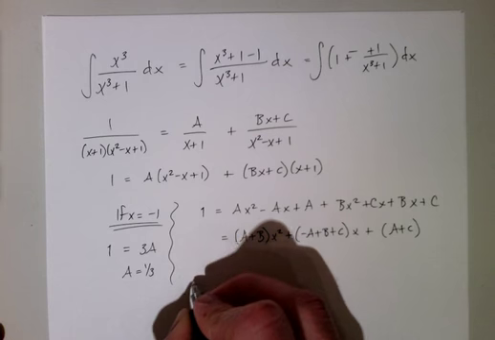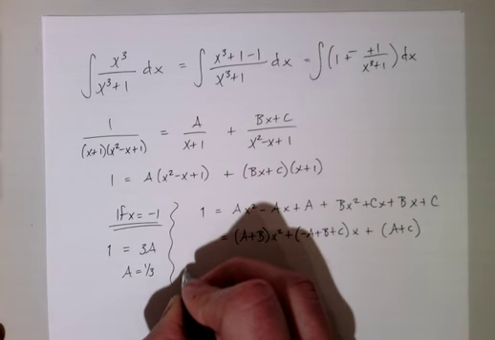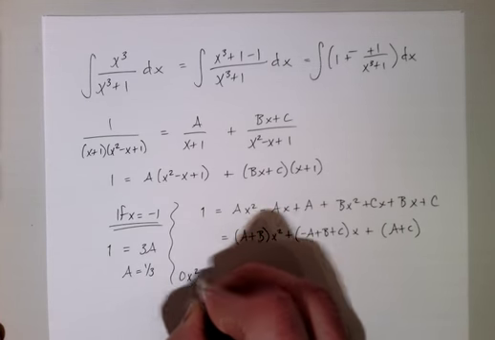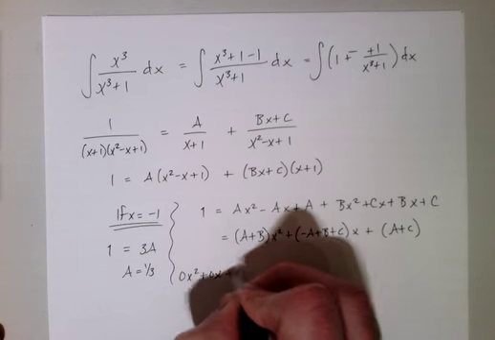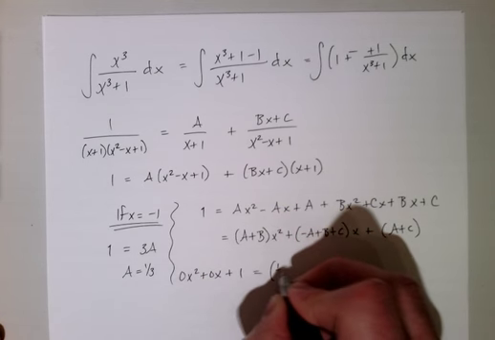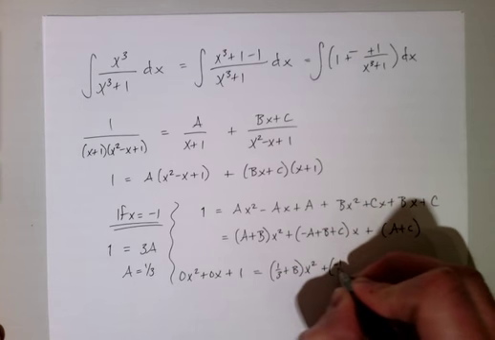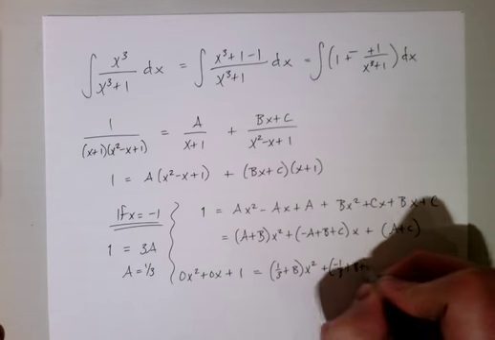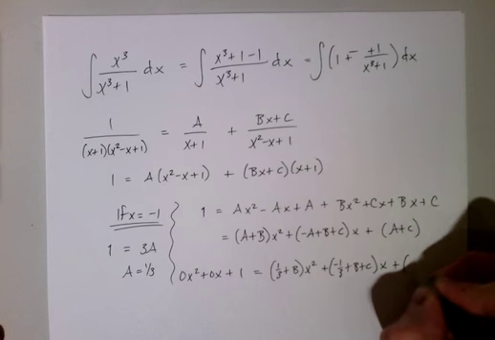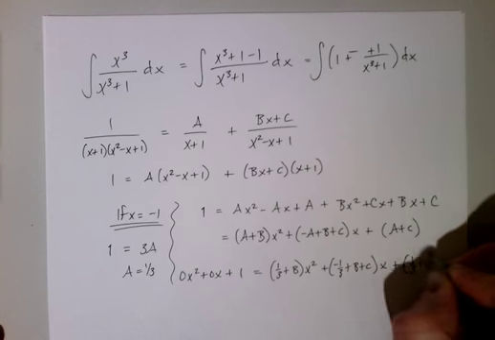Okay. Well, I happen to know that that's going to mean 0x squared plus 0x plus 1 is equal to 1/3 plus b x squared plus -1/3 plus b plus c x plus 1/3 plus c.